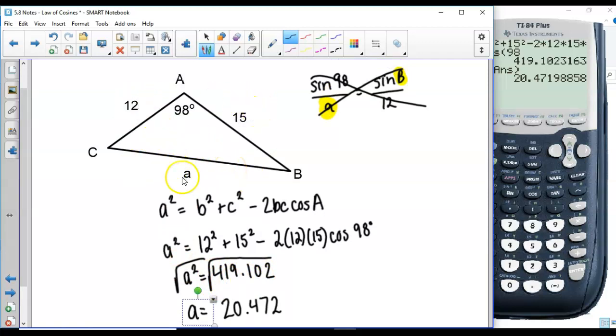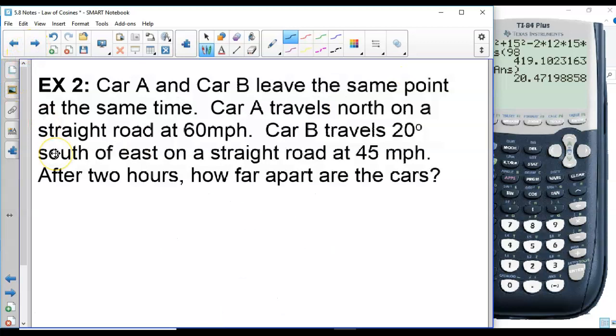You got 12, 15, and 419. That's impossible. That can't actually happen, right? So make sure that whenever you check your answers, A is longer than these two, but it's not that much longer. It's 20.472. That seems reasonable for this. Okay. All right, questions? All right.